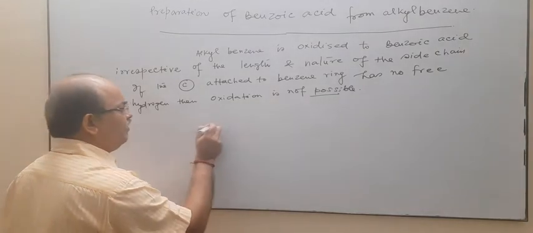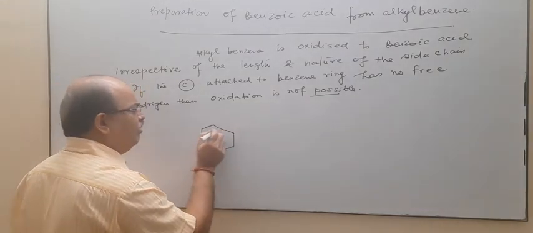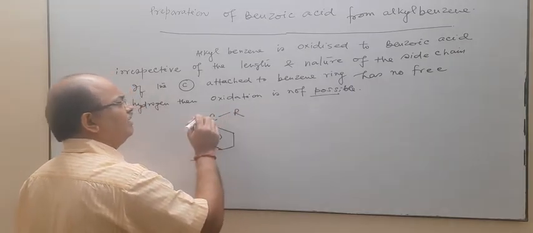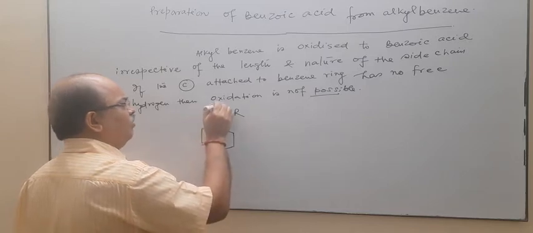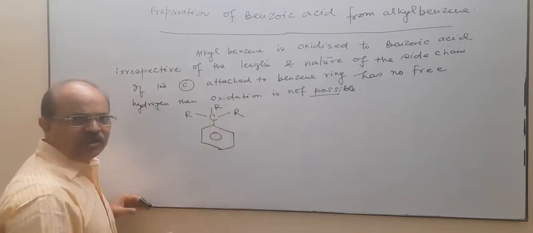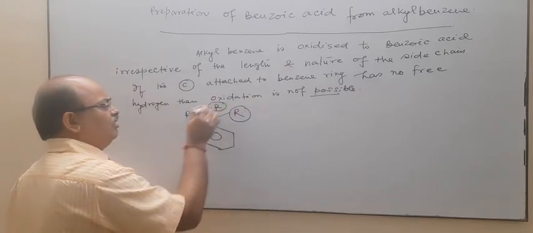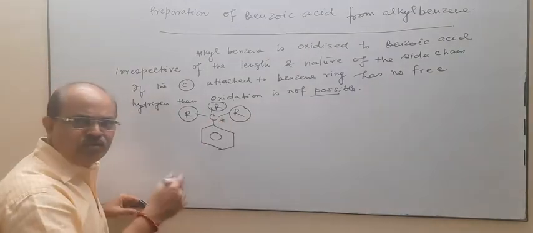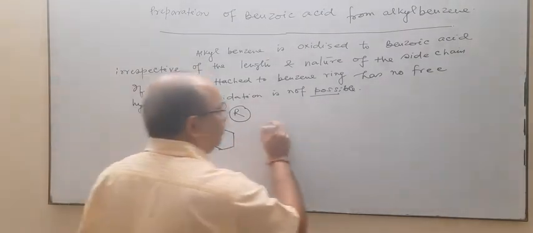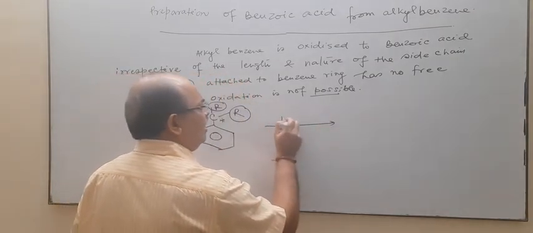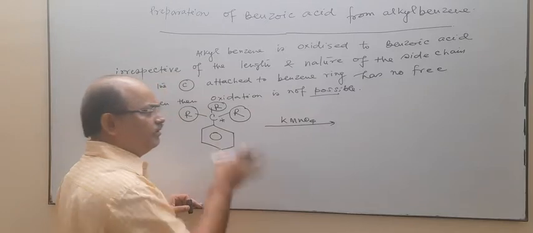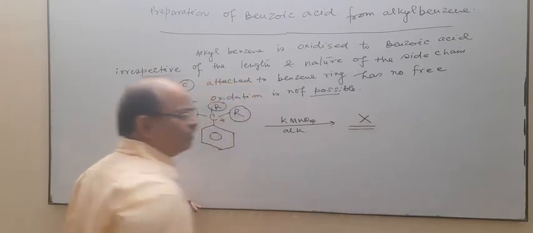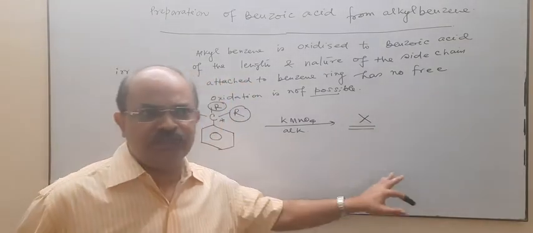For example, if we have a compound of this type, this is carbon and there are three alkyl groups. This is also alkyl, this is also alkyl, this is also alkyl. It means on this carbon there is no free hydrogen. So if we oxidize with KMnO4 in alkaline medium, no benzoic acid is formed in this case.